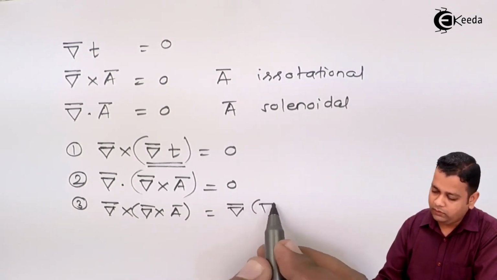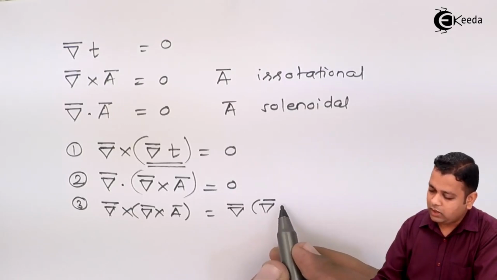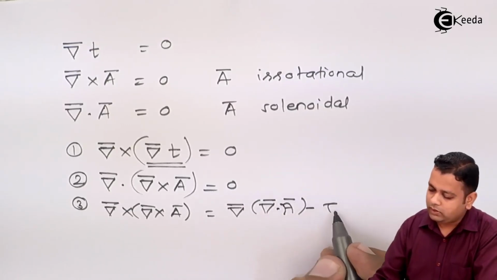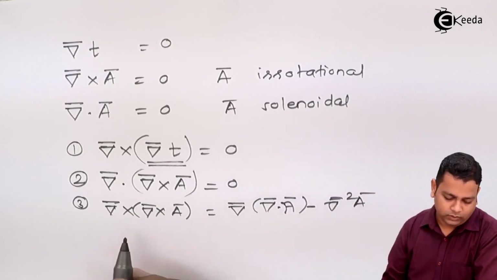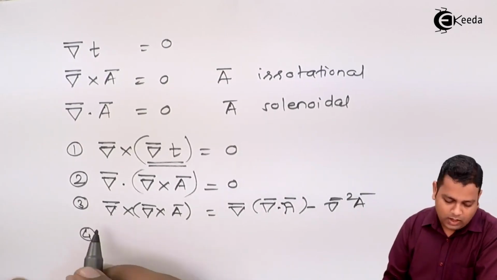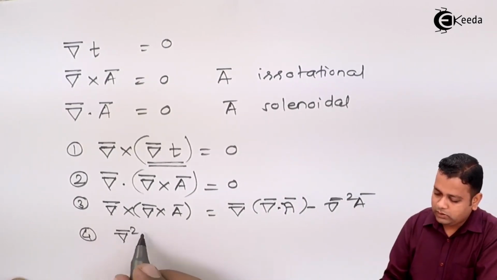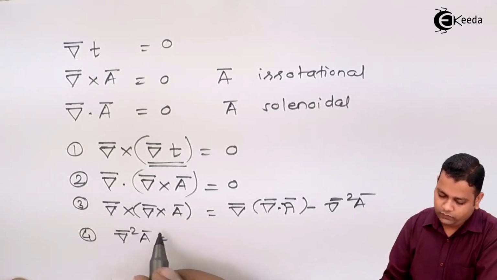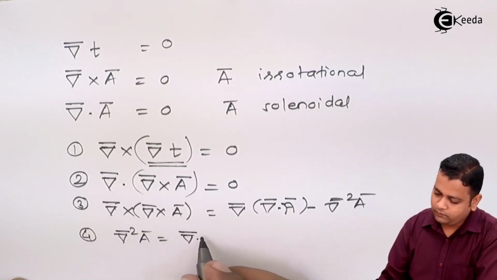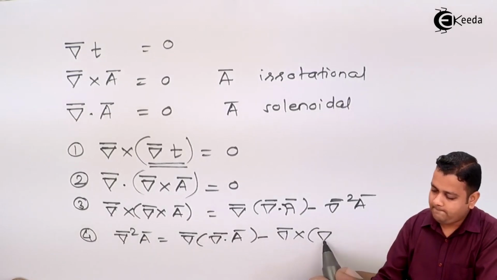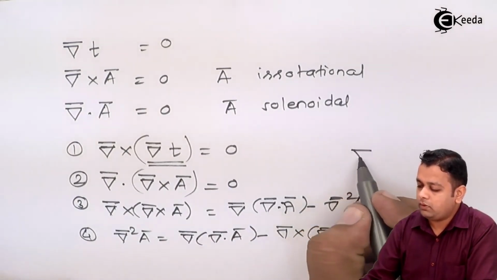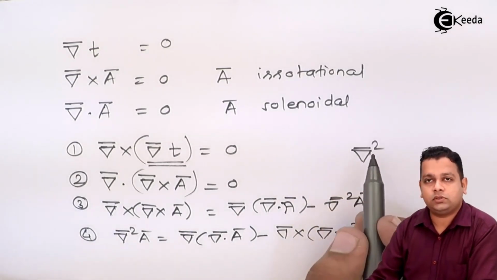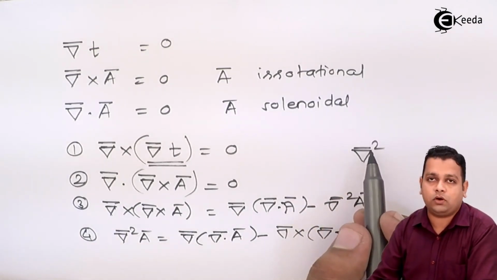It will be given by del bar in bracket del bar dot of A bar minus del square A, and the last vector identity del square A is given by, so here the introduction of del square, sometimes the bar may be given or may not be given.